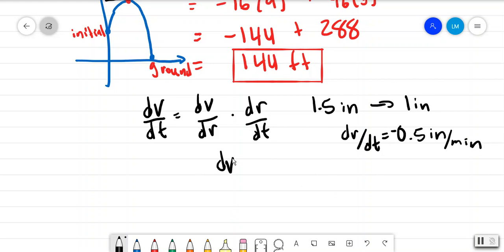I also know that dV/dr was equal to 4 pi r squared. So all I need to do is plug in whatever the radius happens to be.